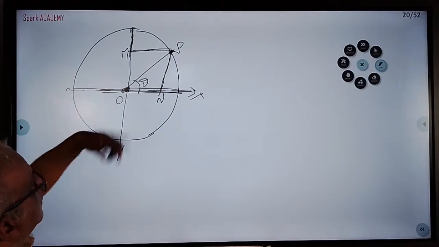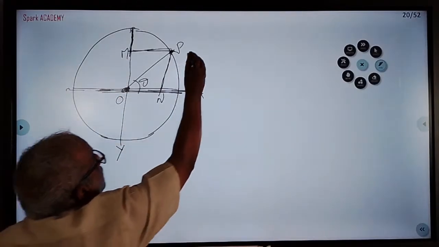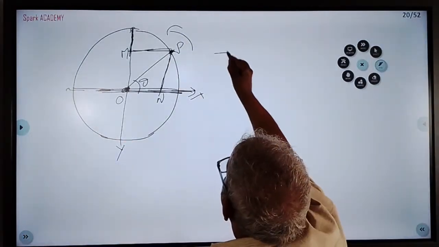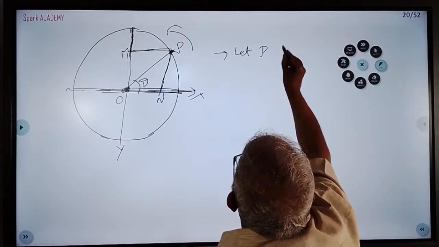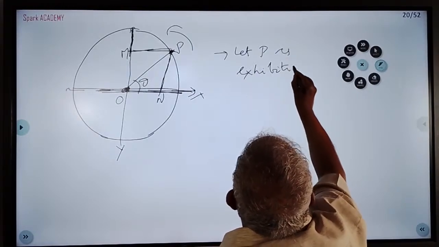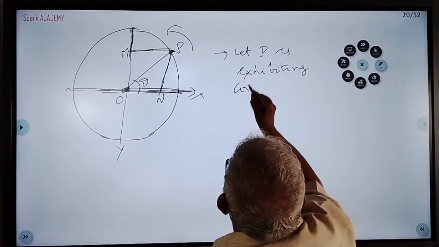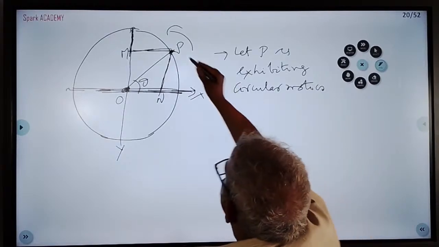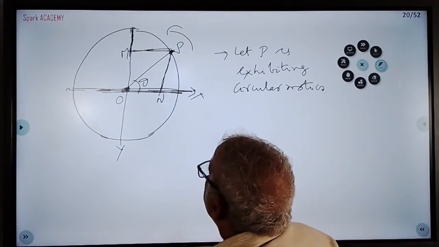P is moving like this. Let P be a particle exhibiting circular motion.